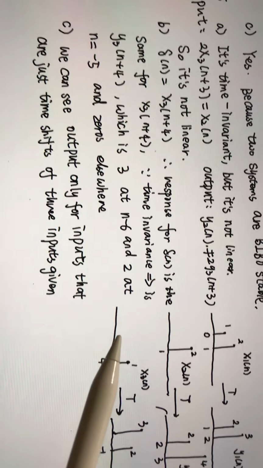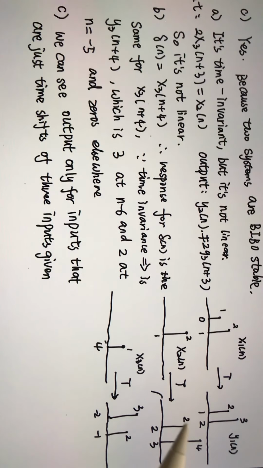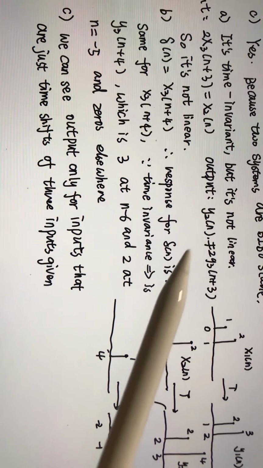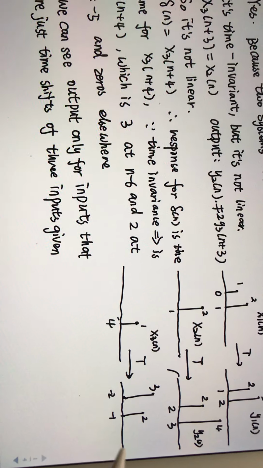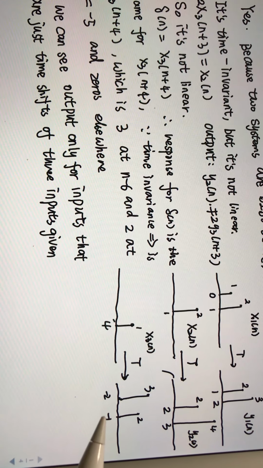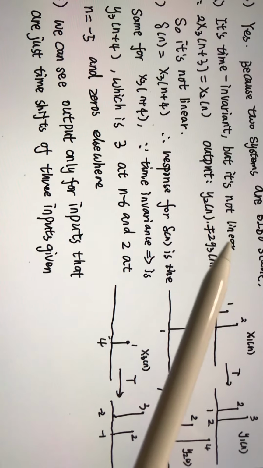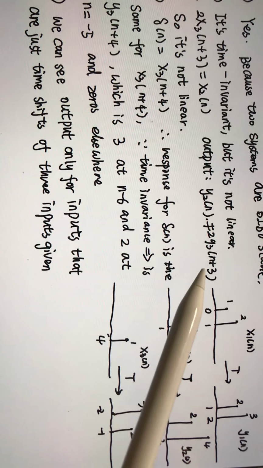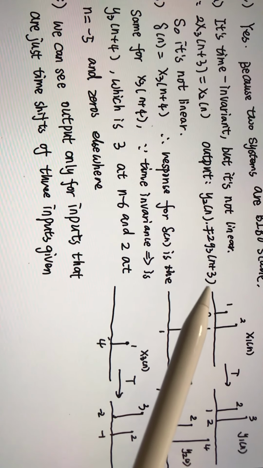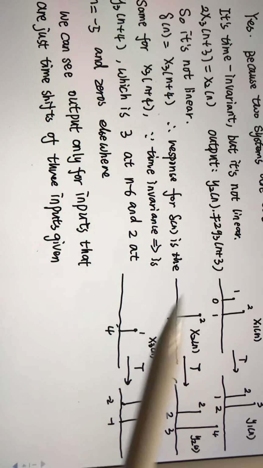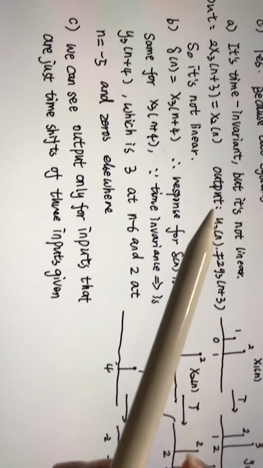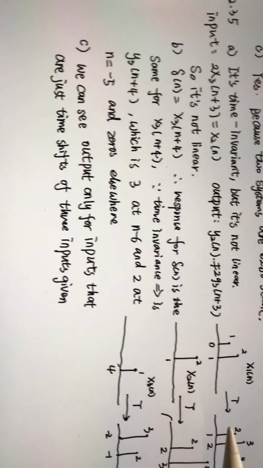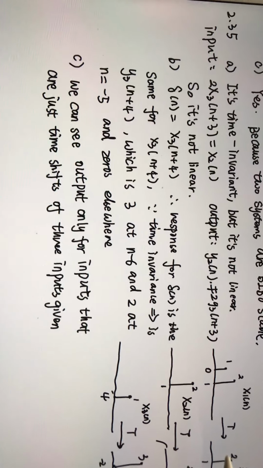But for the output, the y2 function is not equal to the y3 function, where we shift 3 units, n-8, and multiply by 2. This is not equal, so this is not a linear function.